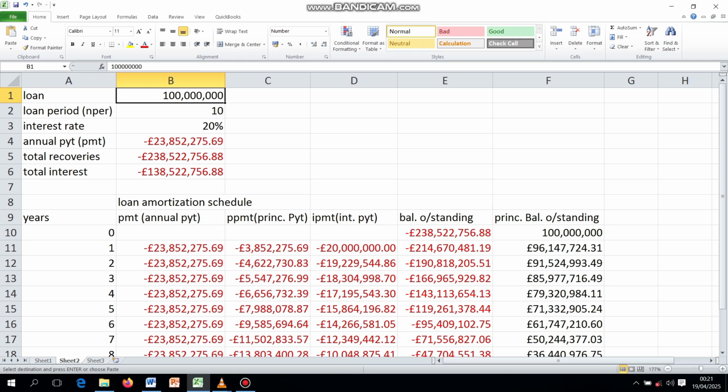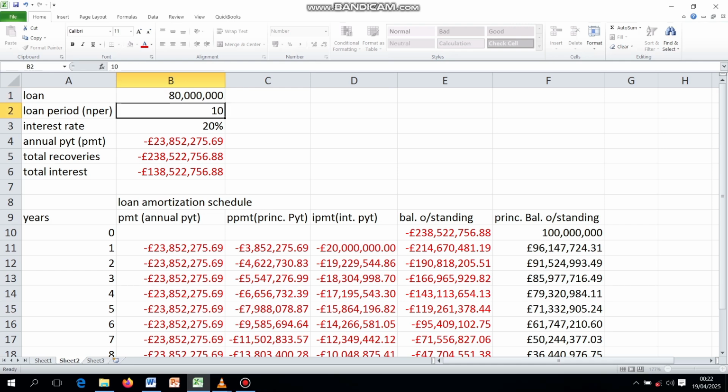Here I'm going to write 80 millions, with annual interest of 20%, so interest is the same. And it's a 5-year term loan, based on a monthly basis.